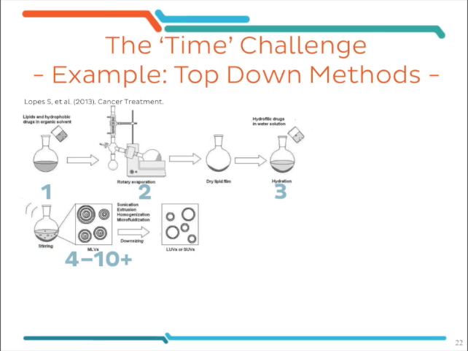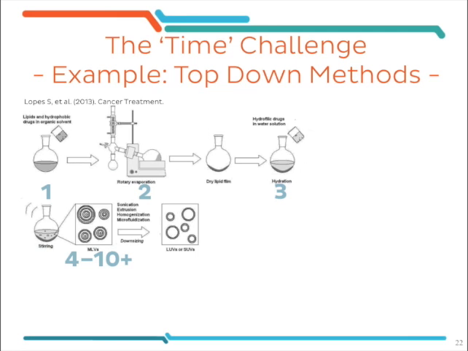And for this, I'd like to have a closer look at what we call the top-down methods to really illustrate this issue. So in the top-down methods for making liposomes and lipid nanoparticles, you start with dissolving the lipid in an organic solvent in a round flask, and then you evaporate the solvent to form a thin lipid film on the wall of the flask.